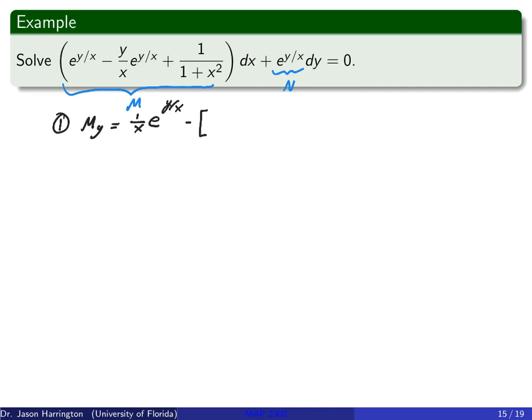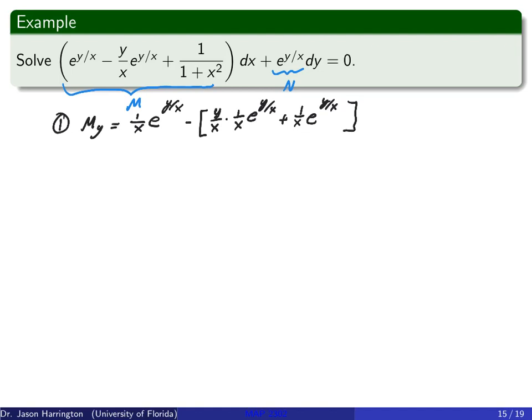So the product rule is, I'm going to have the first, y over x, times the derivative of the second, which is 1 over x e to the y over x, plus the second, which is e to the y over x, times the derivative of the first, that's just 1 over x.